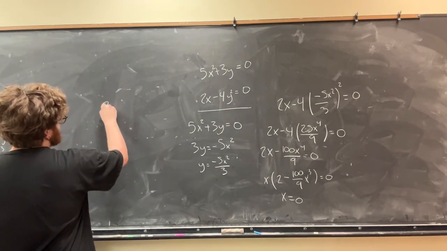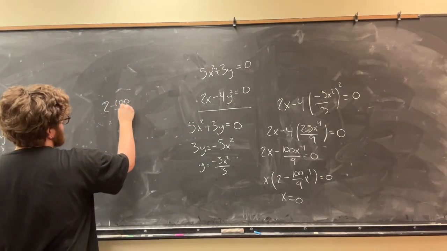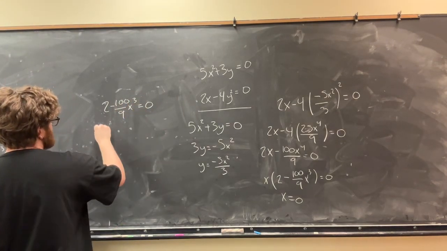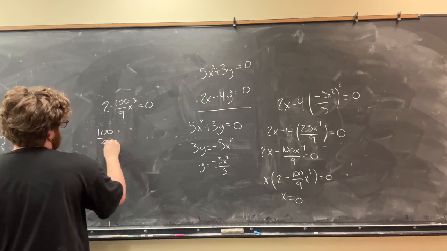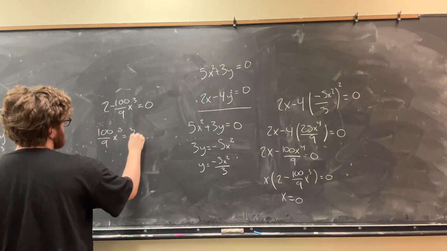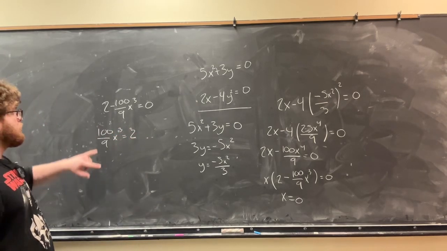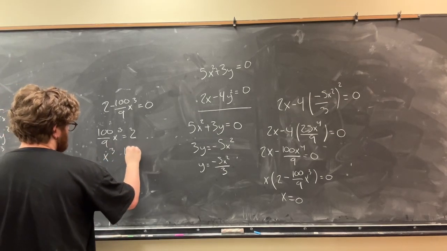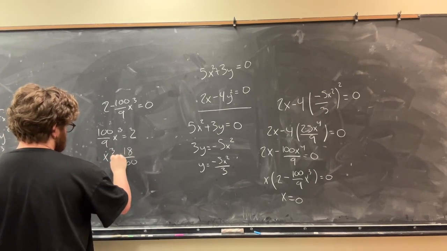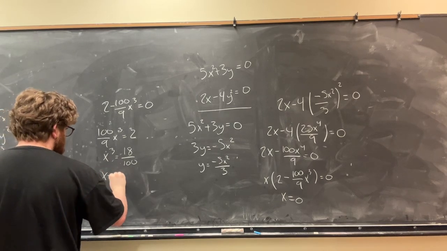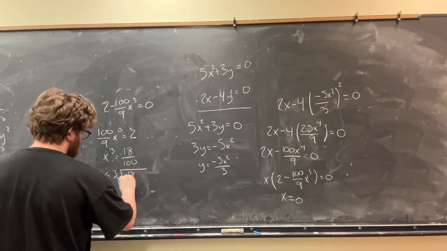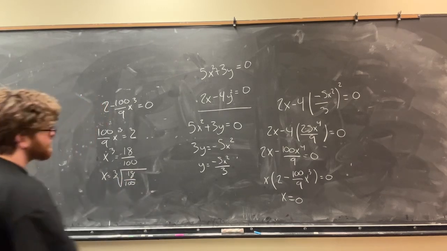And then 2 minus 100 over 9 x cubed equals 0. So 100 over 9 x cubed equals 2. Multiply by 9 over 100, so I get x cubed equals 18 over 100, or x equals the cube root of 18 over 100.